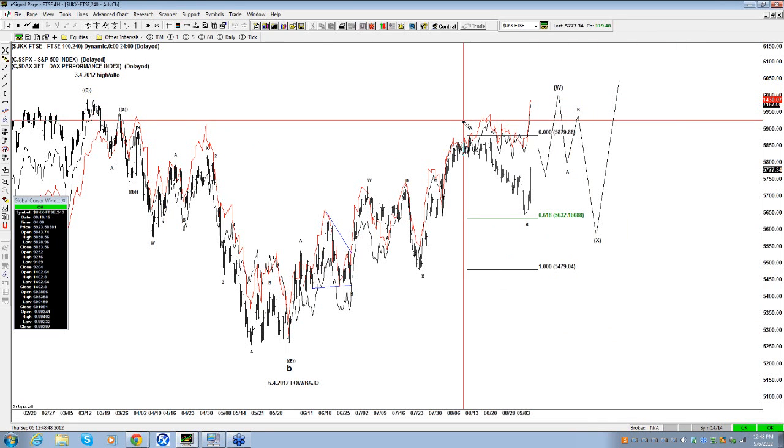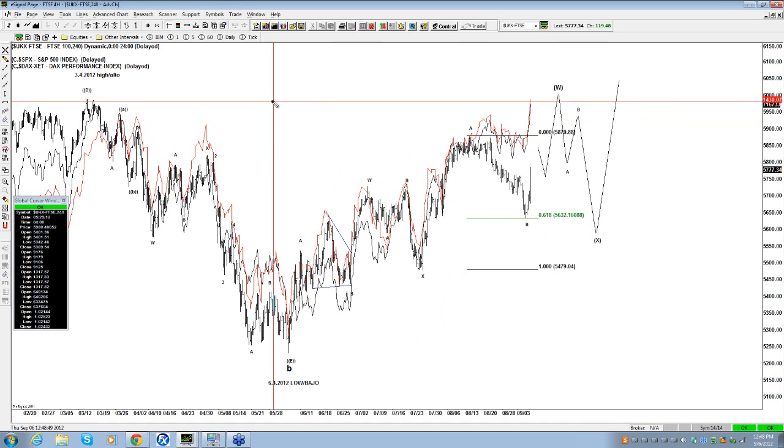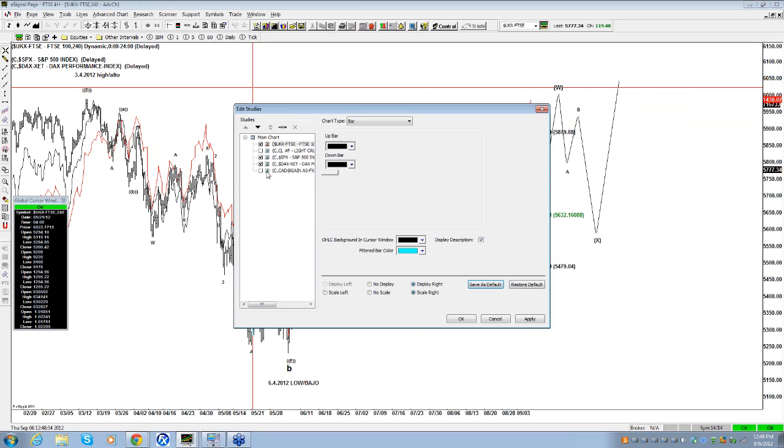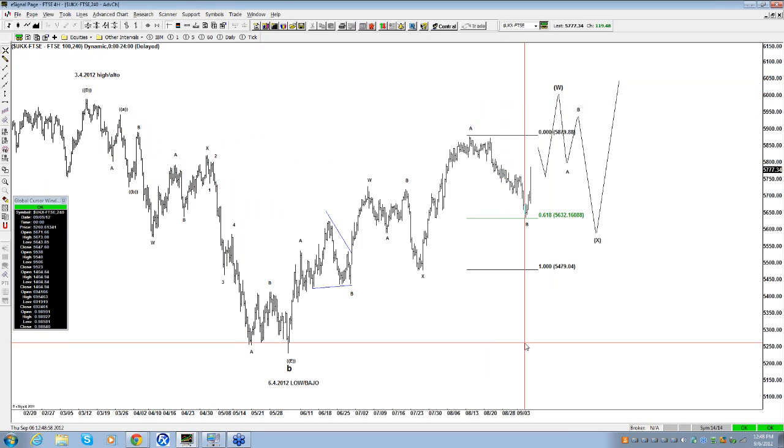So with that in mind, we have to use this pair here as an indicator of how much the risk rally is going to stretch.